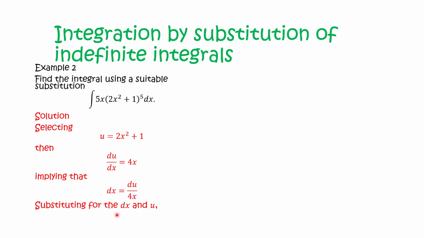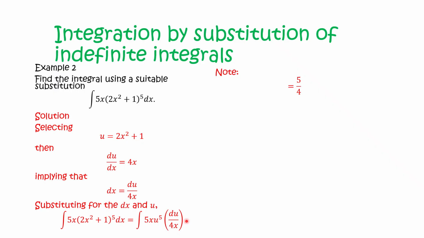Then substituting for the dx and the u in the integral, we are going to have the integral of 5x times u to the power 5 du over 4x. So that 4x carries an x that will cancel out with the x next to the 5.